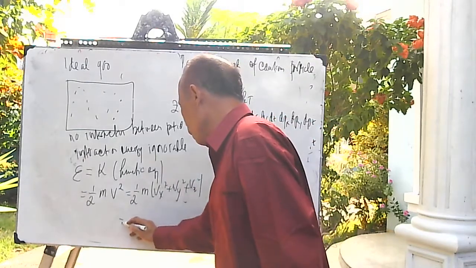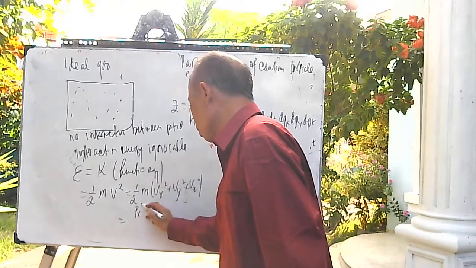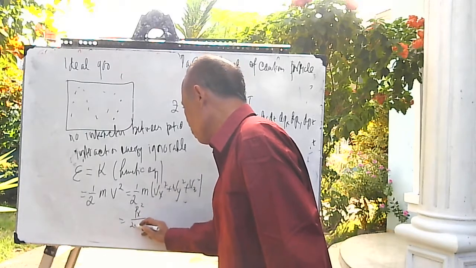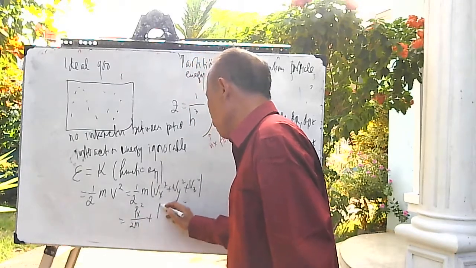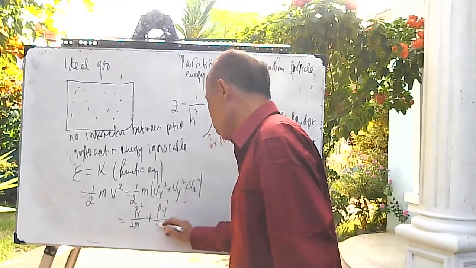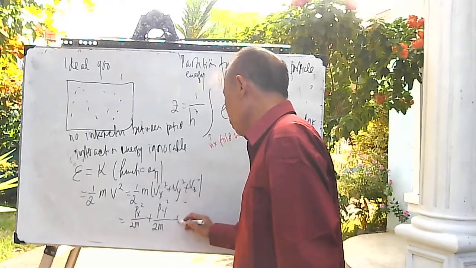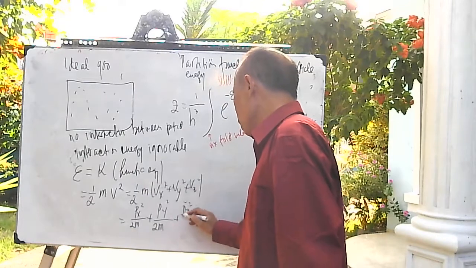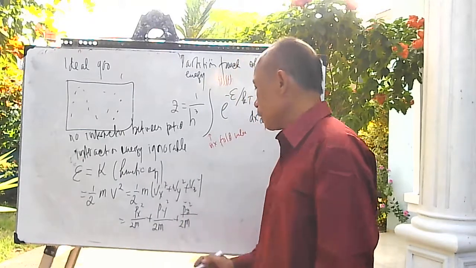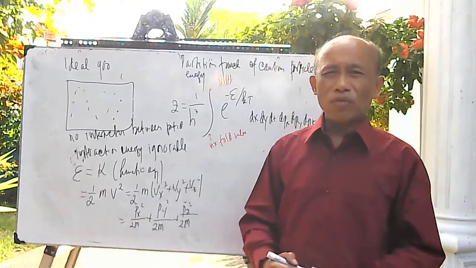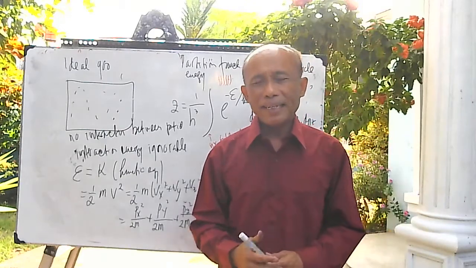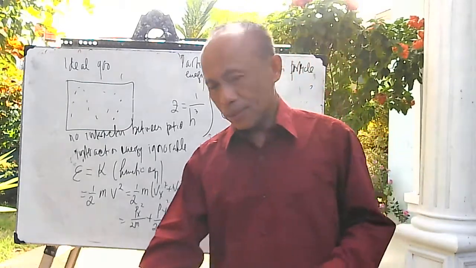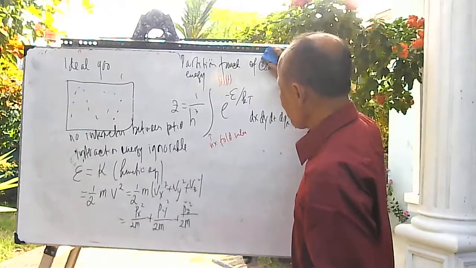We can also write this as px squared over 2m plus py squared over 2m plus pz squared over 2m. This is the kinetic energy of one particle in the ideal gas, not in the real gas.